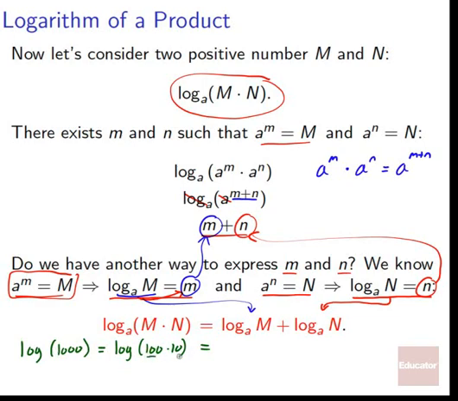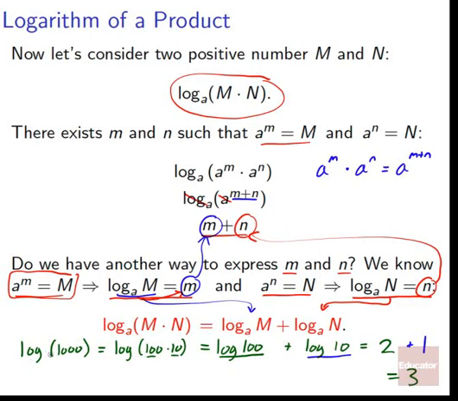We've got a product, 100 and 10, so we can split it into log of 100 plus log of 10. Now, what number do we have to raise 10 to get 100? We have to raise it to 2, right? What number do we have to raise 10 to get 10? We only have to raise it to 1. So 2 plus 1, we wind up getting 3.